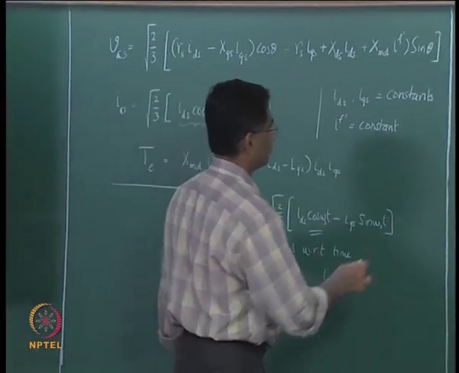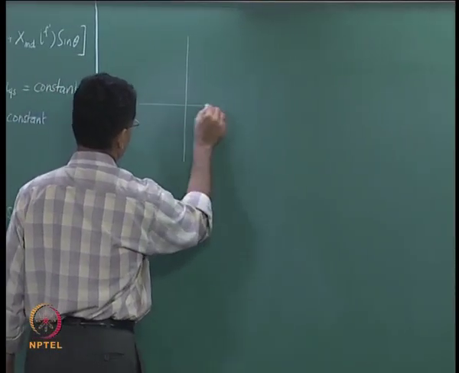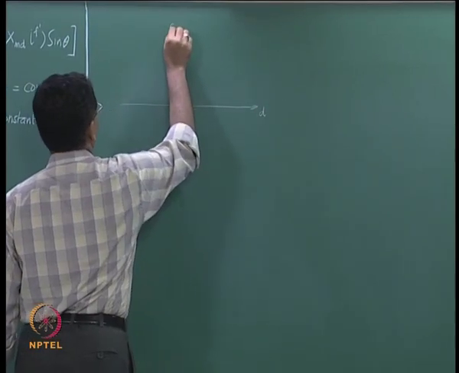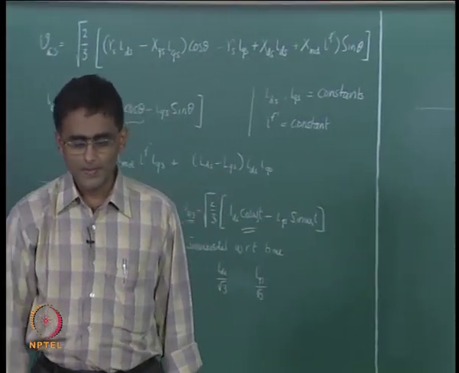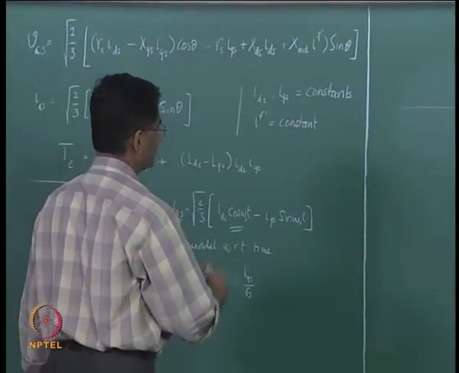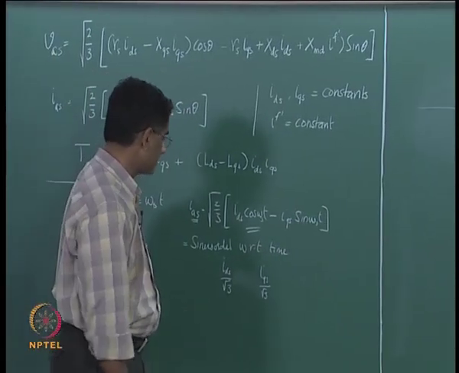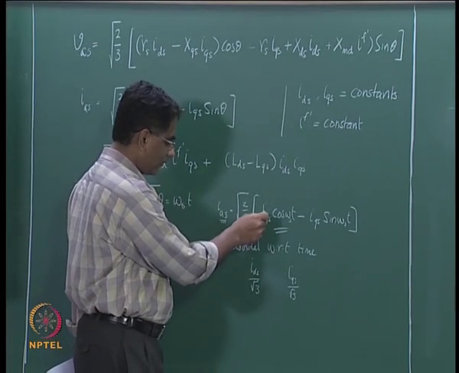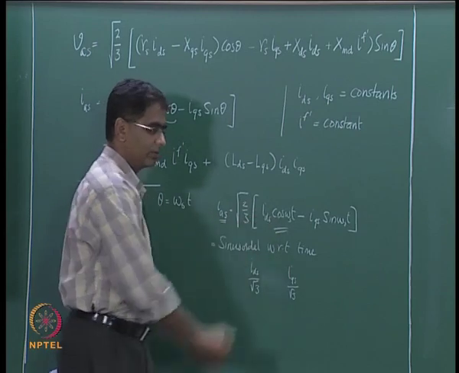For example, let us draw the dq axis, with this being the d axis and that the q axis. It is of course rotating at synchronous speed, but at any given instant let the dq axis be positioned this way. Now this term is root 2 by 3 times IDS cos omega t.